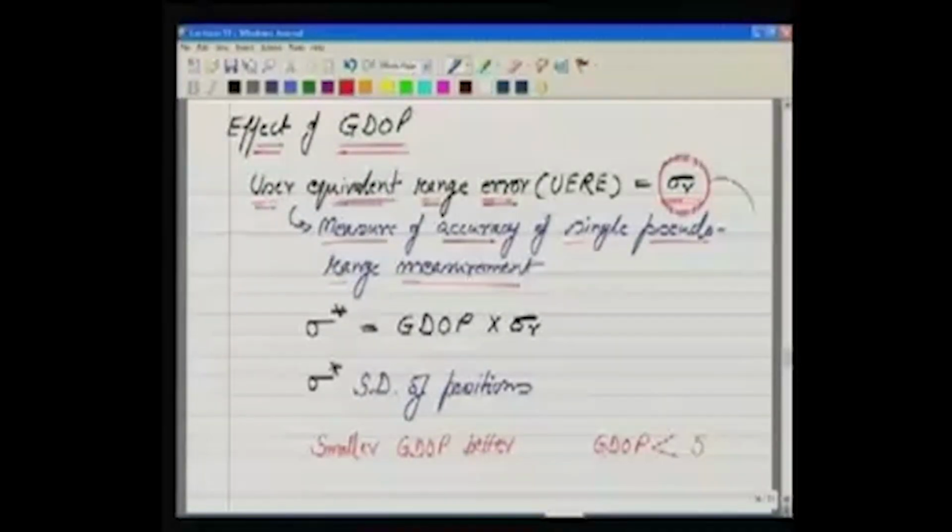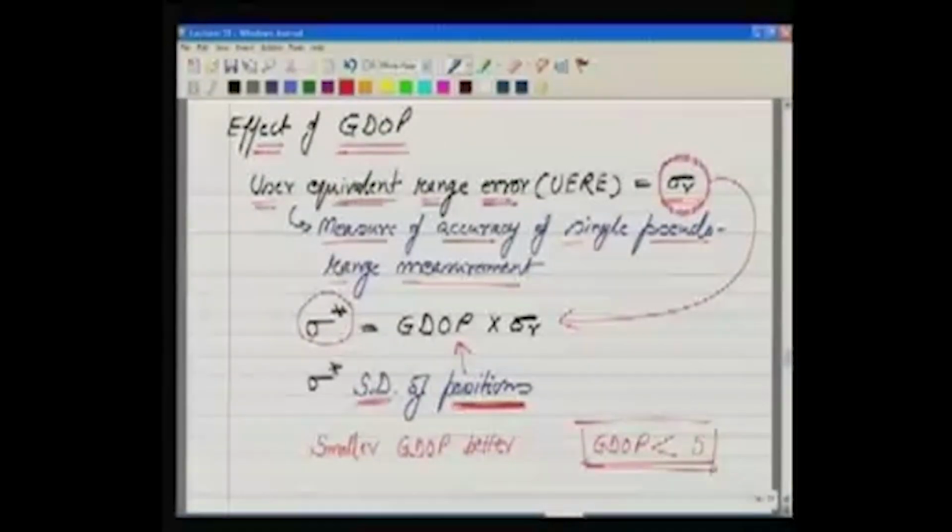Now this sigma r gets further modified, and it is multiplied by the GDOP in order to determine sigma star. So what is sigma star? Sigma star is the standard deviation of the final positions.